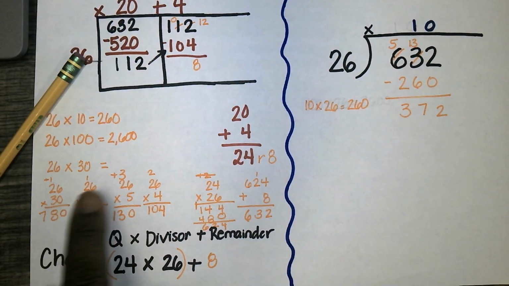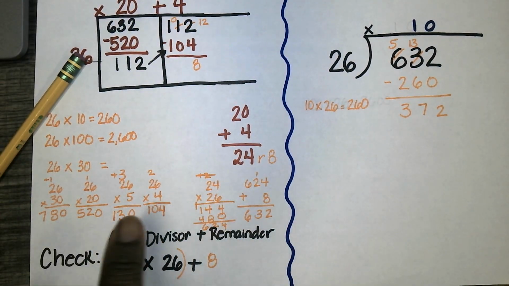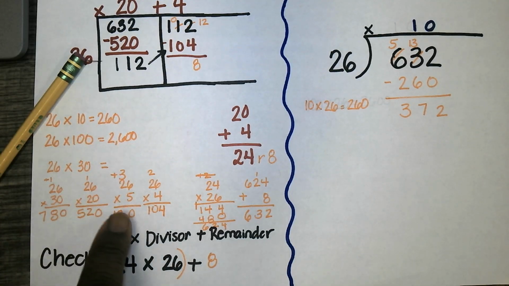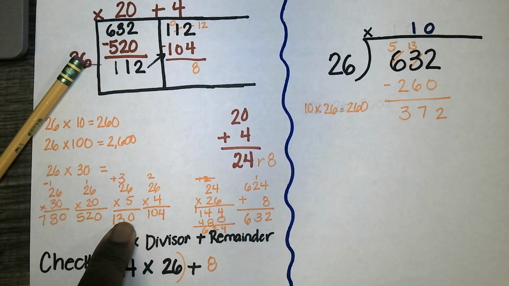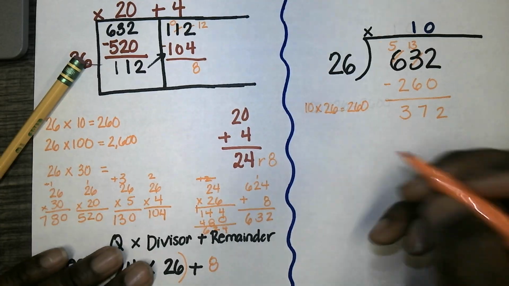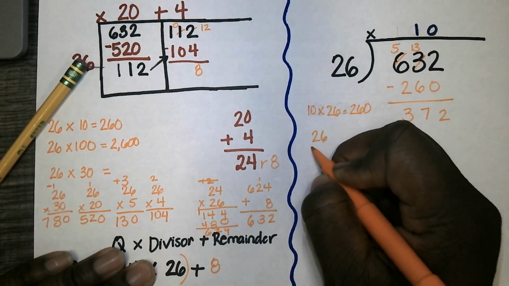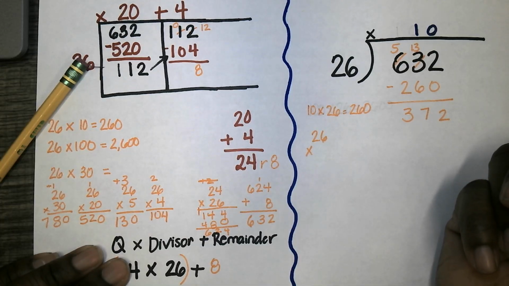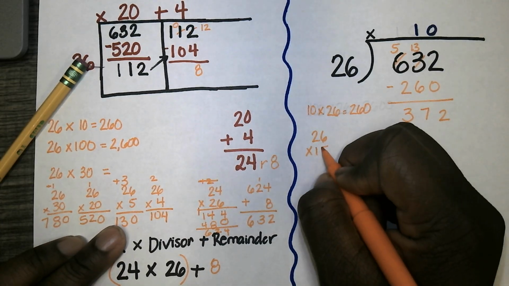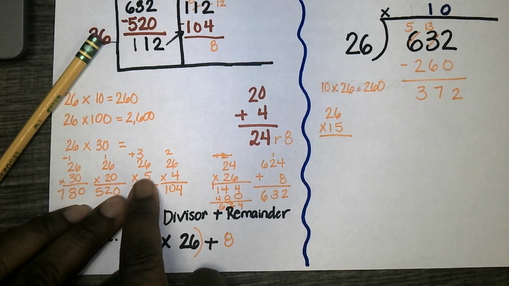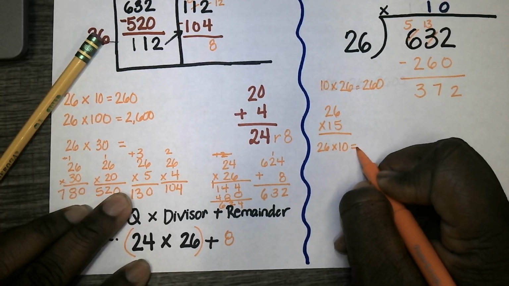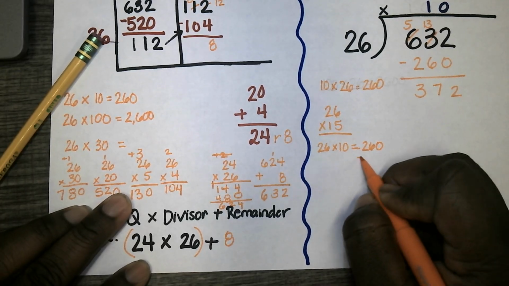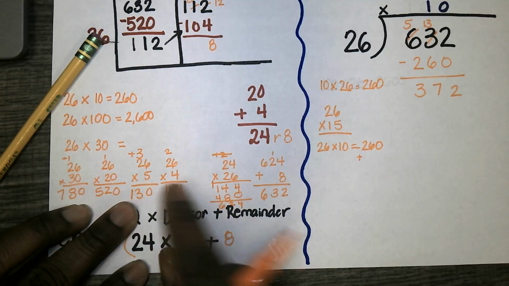I can use the numbers I have, the ones that work. I see I can do 130. I can even do 10 again if I wanted to, which totally works. I can do 15, so I think I'm going to try 15. So 26 times 15 is essentially here, because I already did 26 times 10, and that gave me 260, plus 26 times 5.